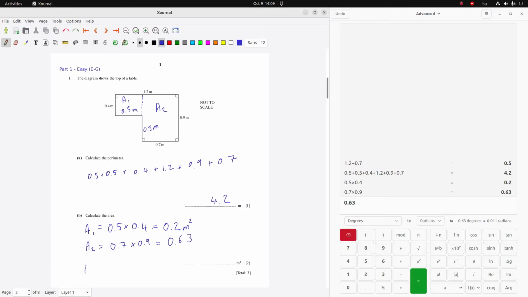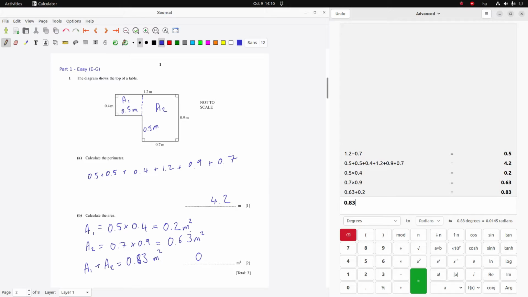So finally, area 1 plus area 2 is equal to 0.63 plus 0.2, which is 0.83 meters squared. And let's move on to the next question.